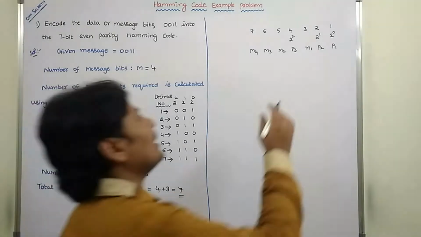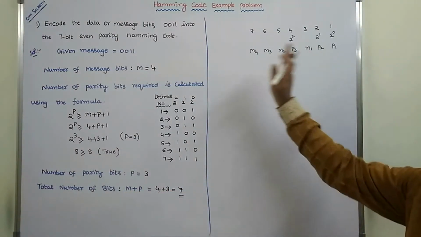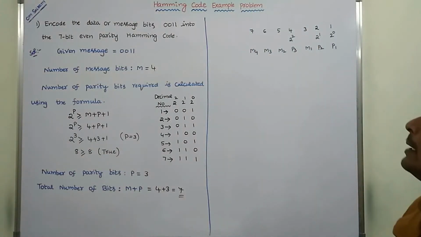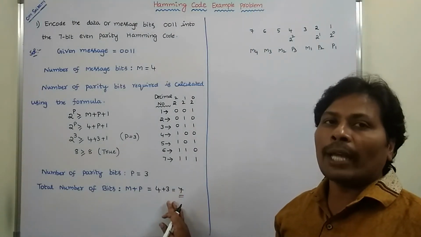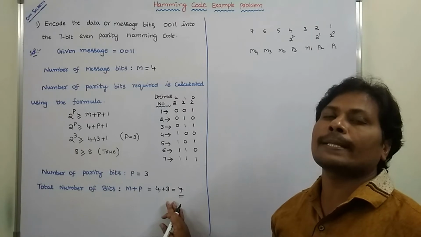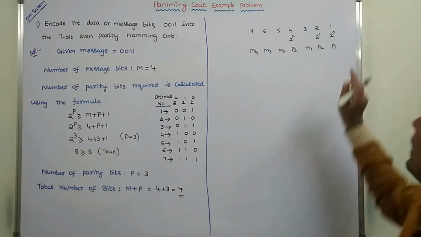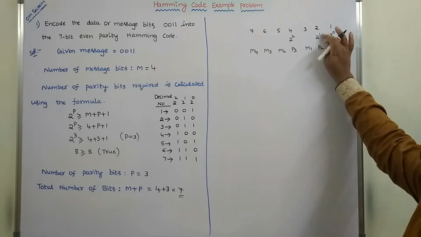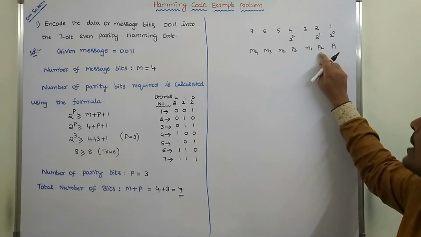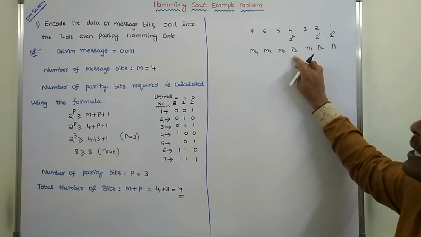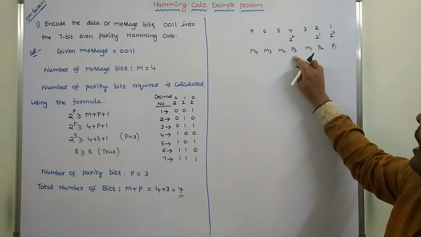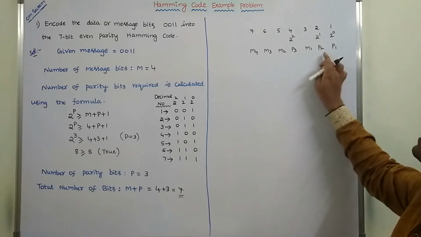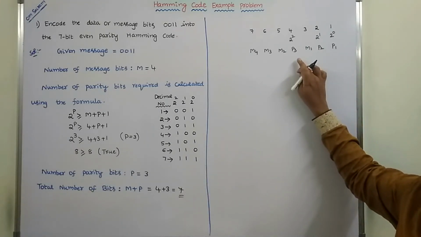Now these 7 bits can be represented in this form. This is LSB and this is MSB, and parity bits are located at the bit positions of powers of 2. That is, at the 2 power 0 position, parity bit 1 is there. At the 2 power 1 position, parity bit 2 is there. At the 2 power 2 position, parity bit 3 is there. Total number of bits is 7. Among the 7 bits, 3 bits are located as parity bits.